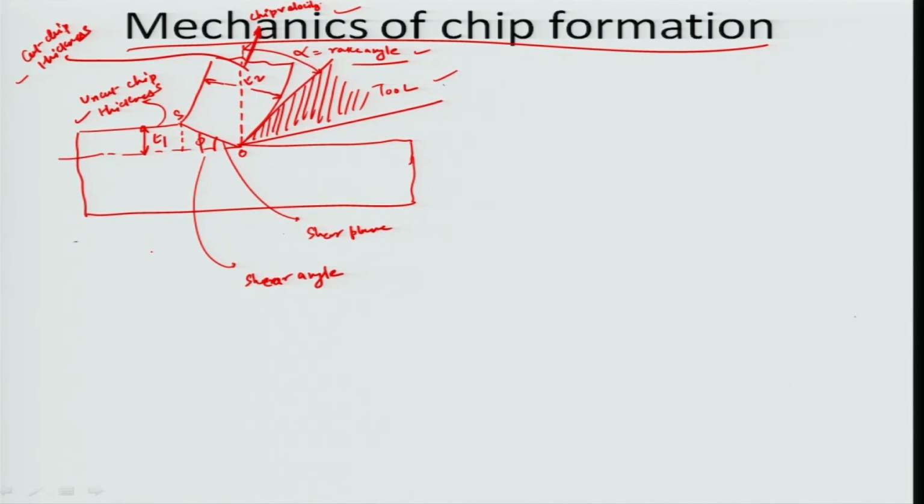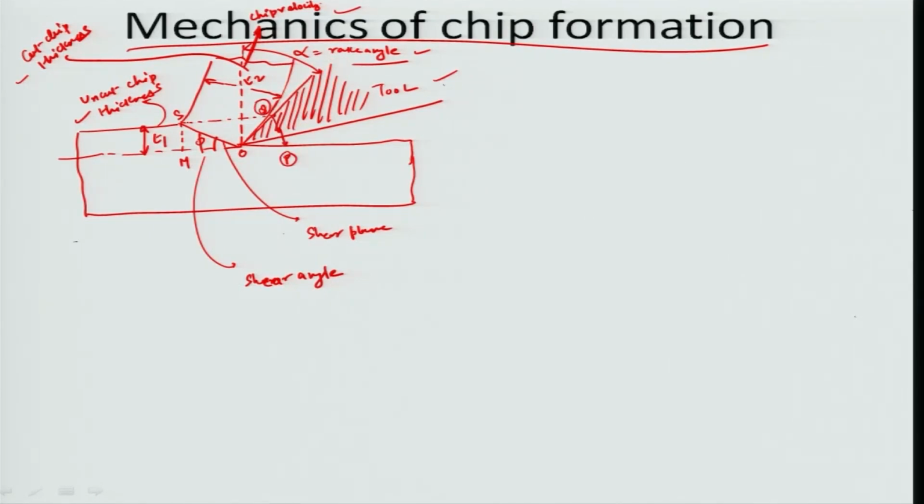Let us call this point O, and let us call this point M, and then if I move the perpendicular from the point S to the tool surface, there are 2 points which I will hit. One is on the chip itself, which I call the point Q. The other one is on the tool surface, which I call the point P.